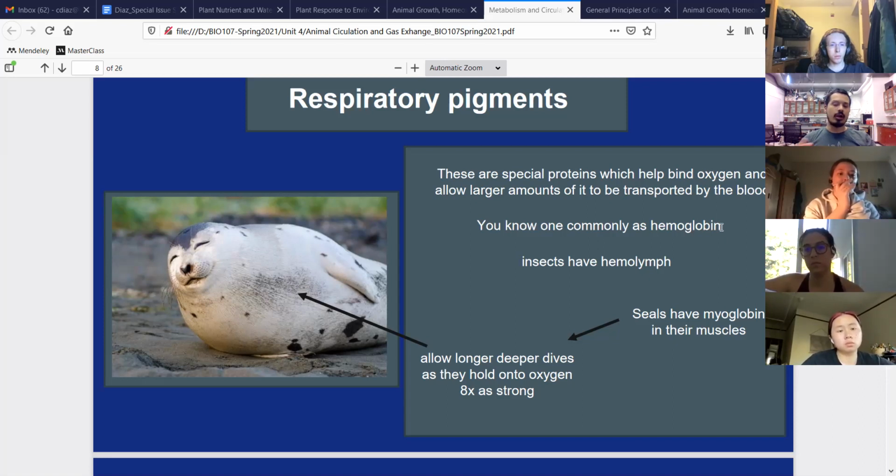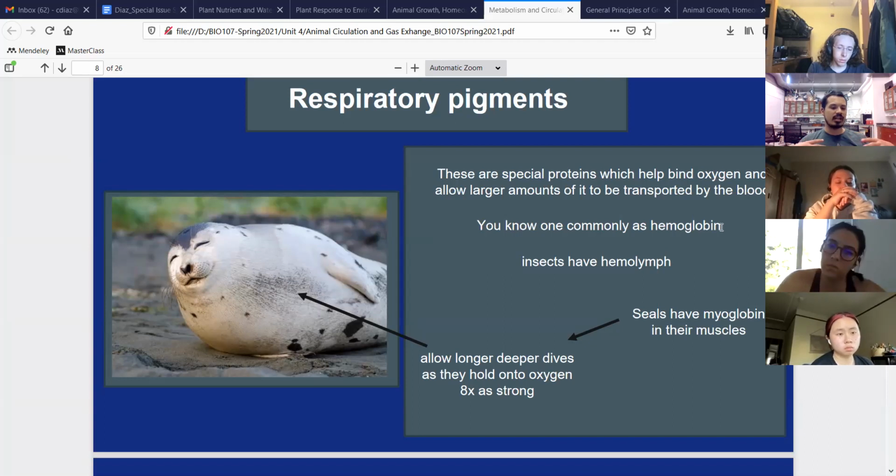If you were to do a thought experiment and replace all of the hemoglobin in our body with myoglobin, what you would probably have is an inefficient system, because now you have something that's holding onto oxygen so strongly that it might not be able to diffuse into our cells.